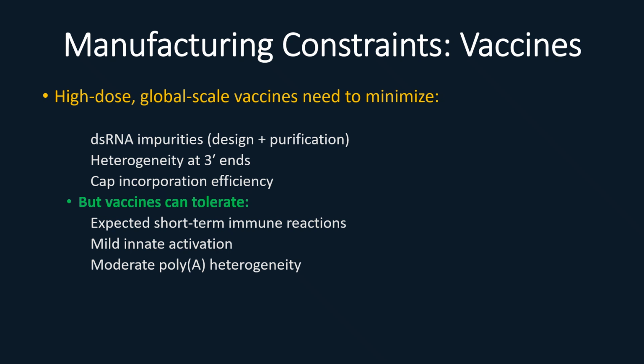Now, when it comes to large-scale manufacturing, the constraints shift again. Some things you have to control tightly. Double-strand RNA, for example, you reduce through purification, but how much forms in the first place also depends on sequence design and transcription conditions. You also need consistency at the 3' end and reliable cap incorporation.